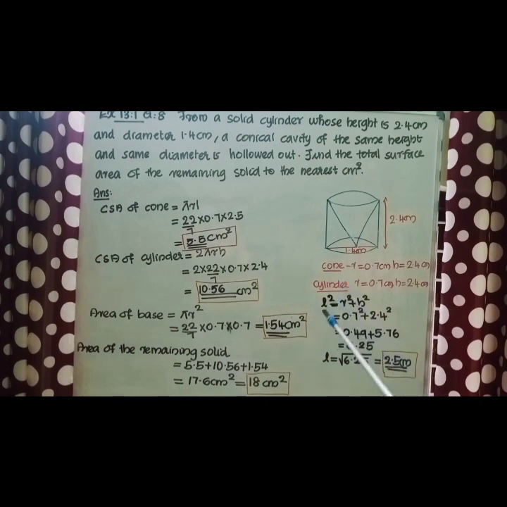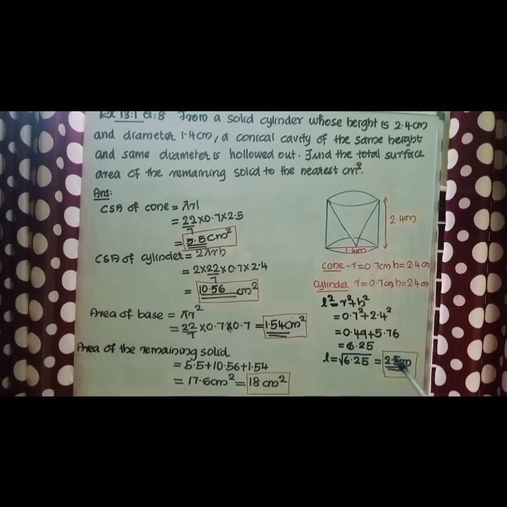The formula is L square equal to R square plus H square. That is equal to 0.7 square plus 2.4 square. That is equal to 0.49 plus 5.76. That is equal to 6.25. L equal to root of 6.25.